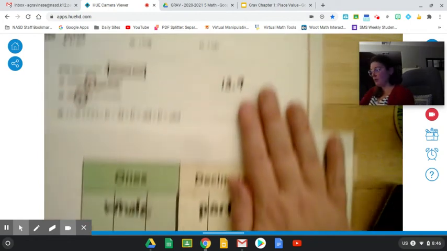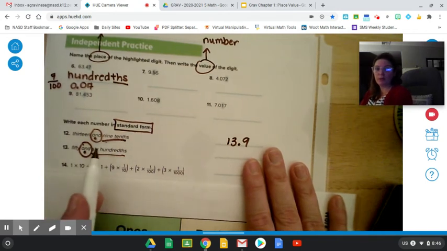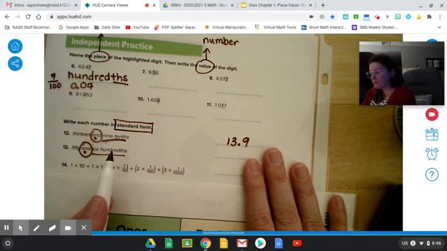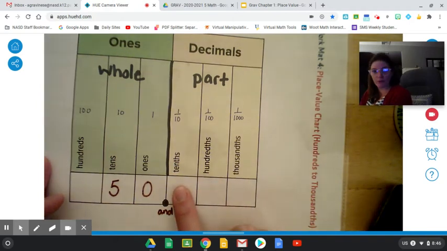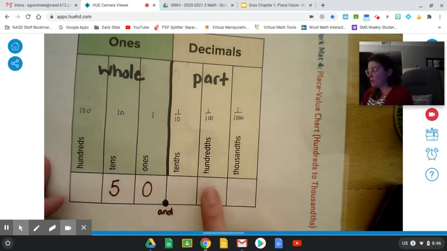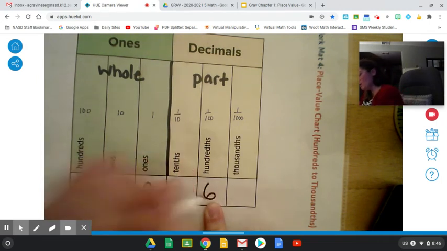And what's to the right of your decimal point? 6/100. Hundredths. Looking at your chart, it's not the first spot to the right. So we're not putting our 6 here. That would be 6/10. We needed 6/100. So our 6 has to go in the second spot.